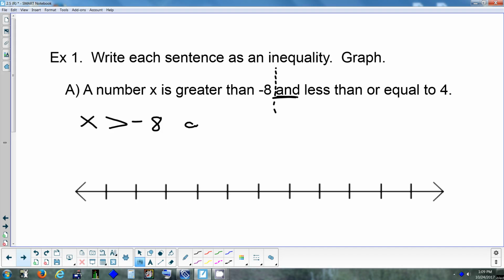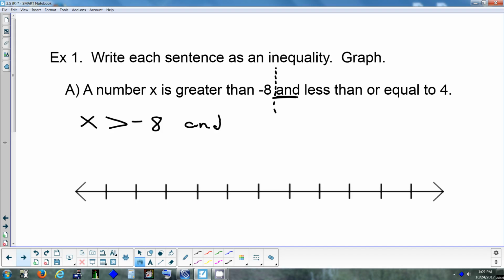And it says less than or equal to 4. Well, what's less than or equal to 4? What are they talking about? X. They don't have to say it twice. It's kind of like if I said, Sarah went to the store. She picked up milk. I can say she. I don't have to keep saying Sarah went to the store, Sarah picked up milk, Sarah got in her car, Sarah drove home.